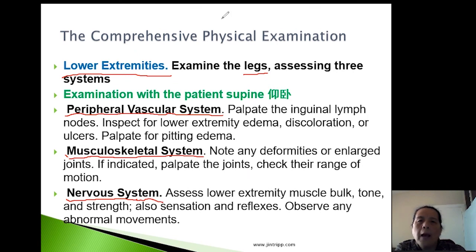So if we have trouble in the leg area, at least we need to think about these three systems. Then we have a lot of tests for these three systems, and then make a basic diagnosis of which system the trouble is coming from.